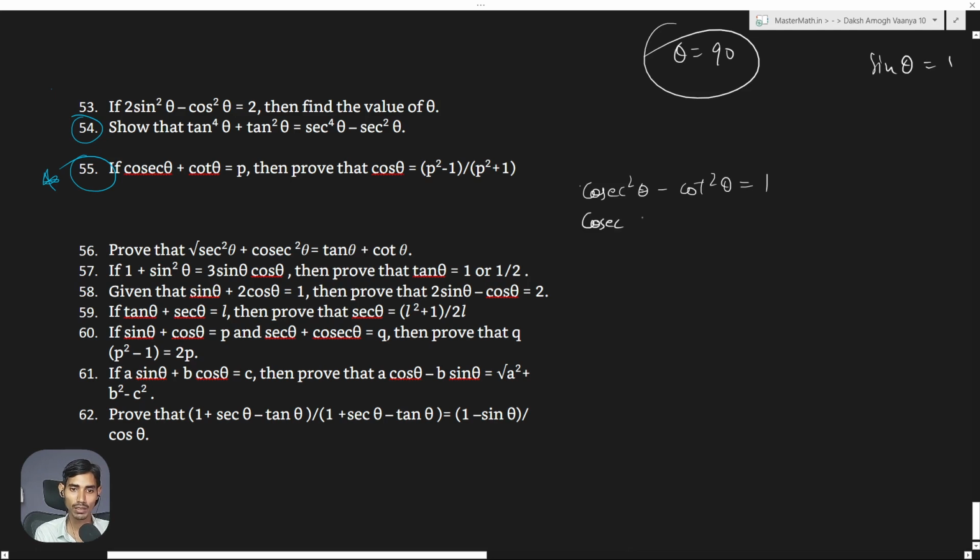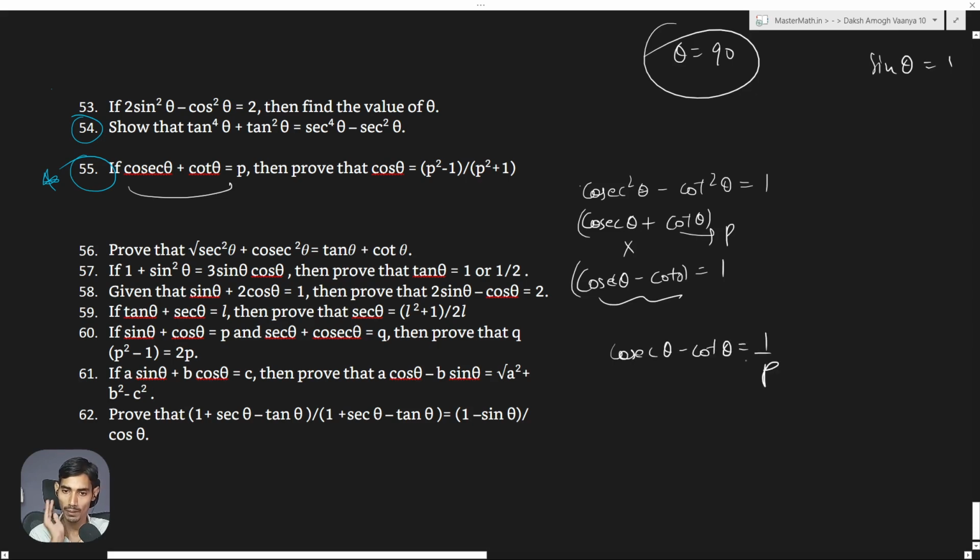So cosecant theta plus cot theta times cosecant theta minus cot theta is equal to 1, and this value we are given as p. So cosecant theta minus cot theta would be 1 by p, right? Any doubts here?